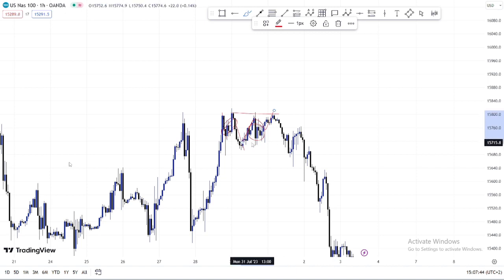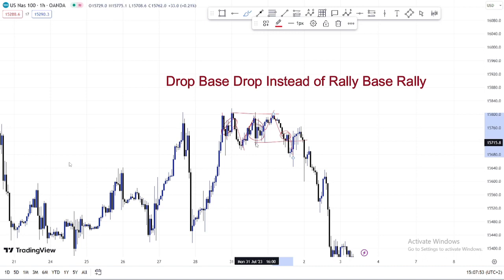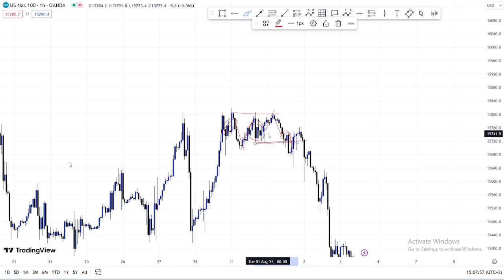When we came back to test this base, we had a drop, a base, and a rally. As you can see, this rally broke this area. So I was expecting a return to this area and a complete reversal.